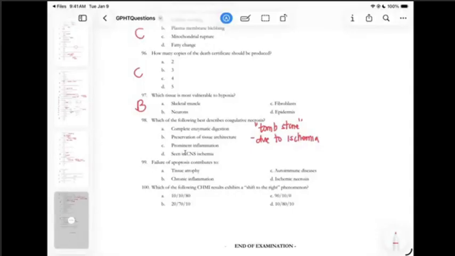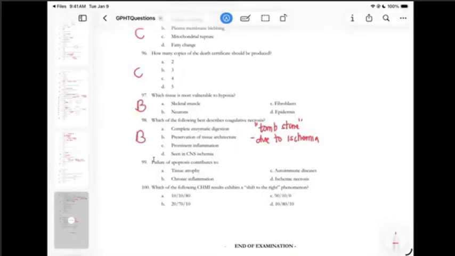The tissue appears okay, but if you look inside, there is already damage, and you have anucleated cells. The nucleus inside is gone when you see it under the microscope. Macroscopically, the architecture of the tissue is still okay, but if you look inside, it is already destroyed. So the best answer here is letter B.